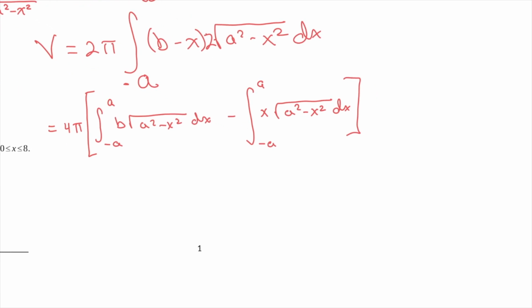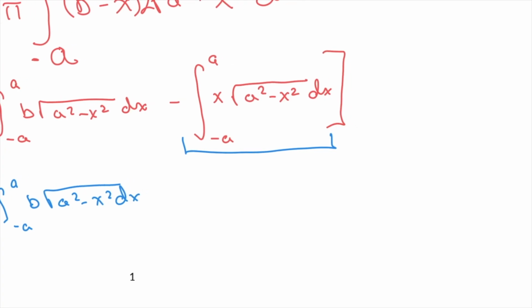Okay, so we're actually going to look at the right-hand side of this problem first. Let's keep our 4 pi, the integral from negative a to a, b times the square root of a squared minus x squared dx, and focus on what's happening on this right-hand side.